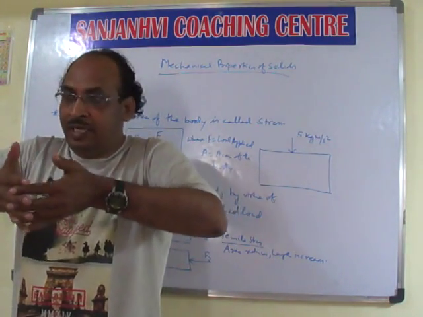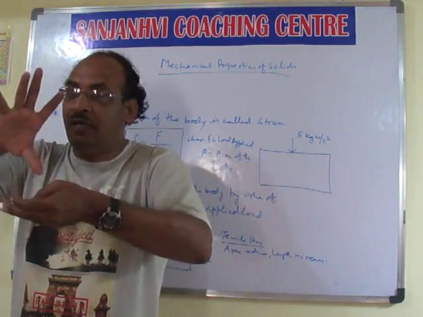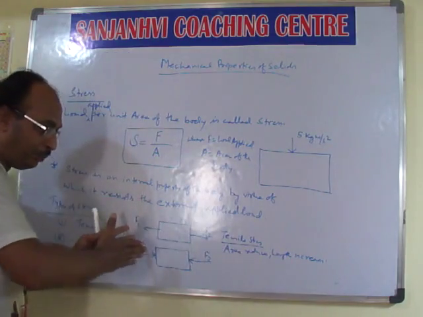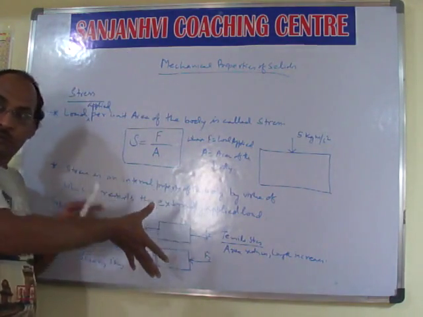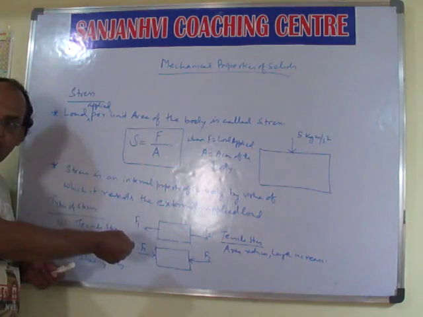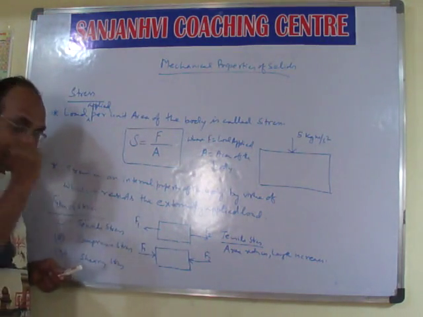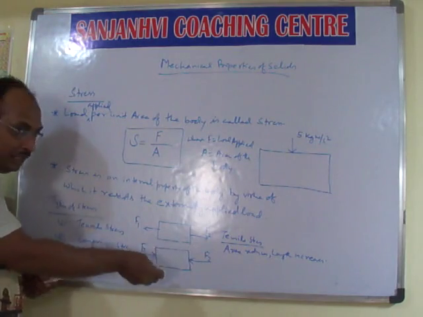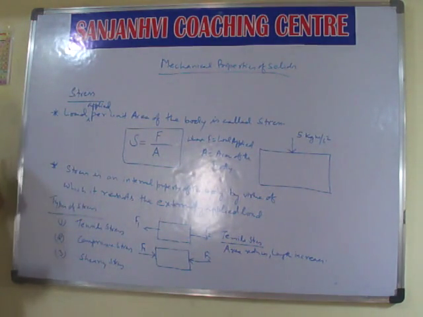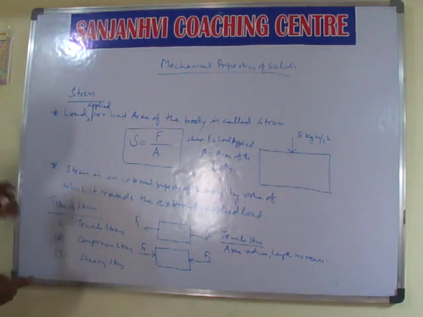So what will happen? Its length will get reduced, its area will increase. Correct or not? So its total length will get reduced, but in this portion it will be increasing. So this is called compressive stress.